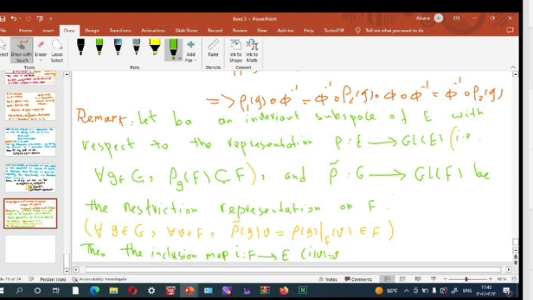Okay, for any V in F, let me write this by another notation such as J. Okay, different from the identity map.